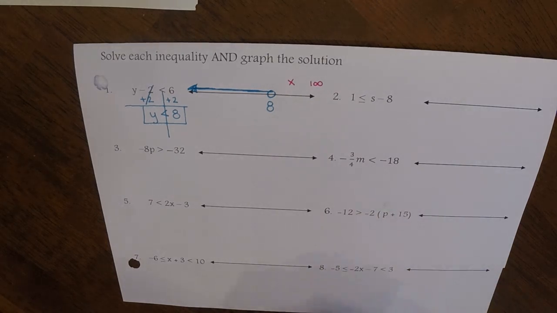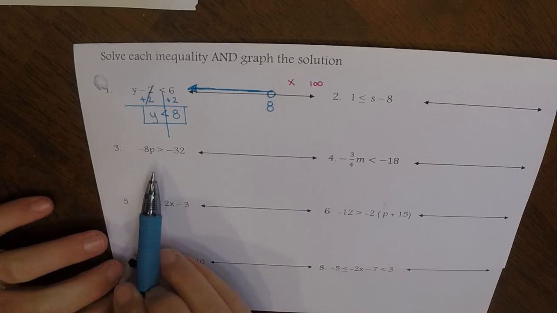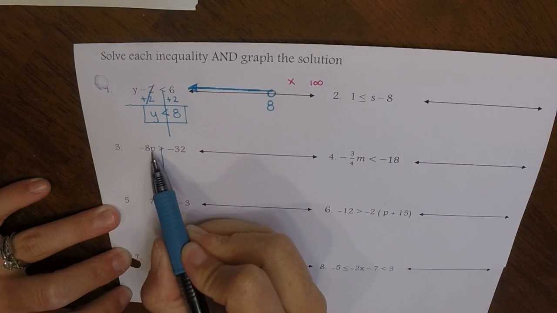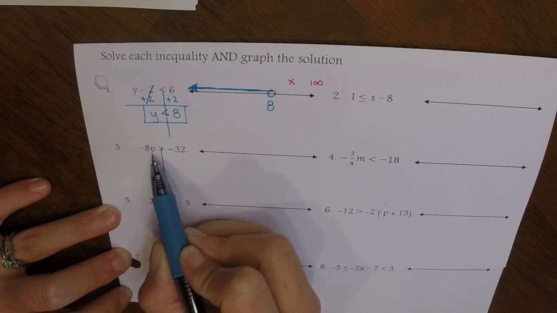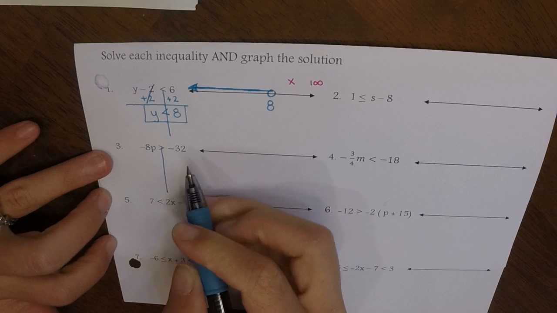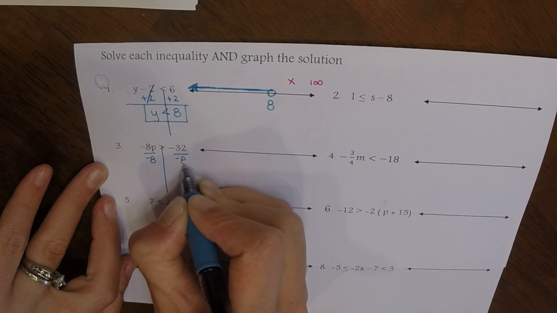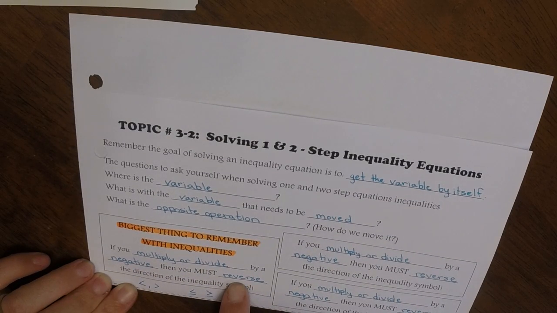Okay. Let's go ahead and look at number 3. On number 3, we go ahead and draw the line. Then here's the variable. This -8 is what needs to be moved. But remember, we've got a number squished right up next to the variable. So that means this represents multiplication. So the opposite is to divide. So I divide by -8. Now that sounds familiar. When I divide by a negative, I'm supposed to reverse the direction of the symbol.